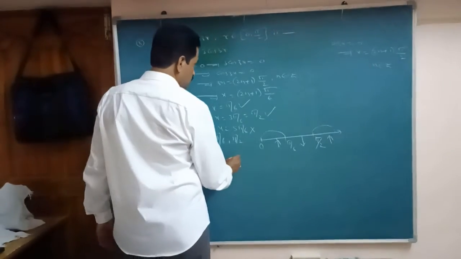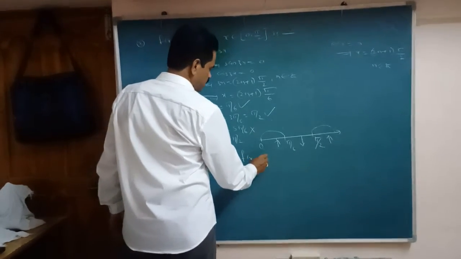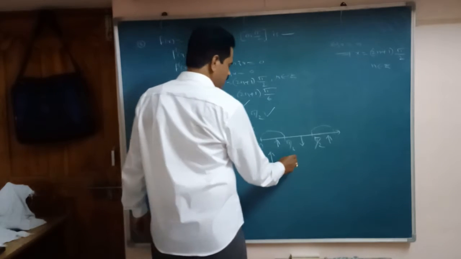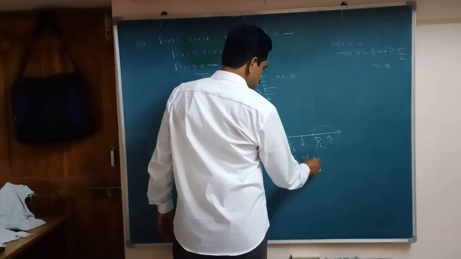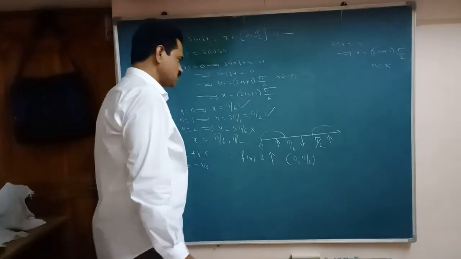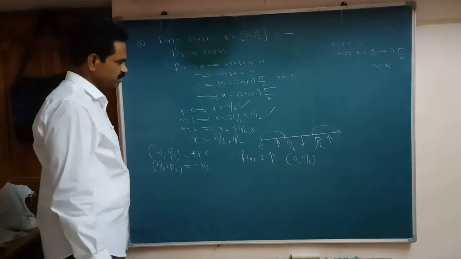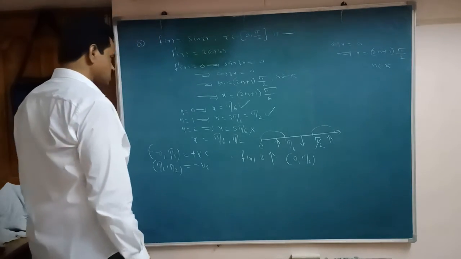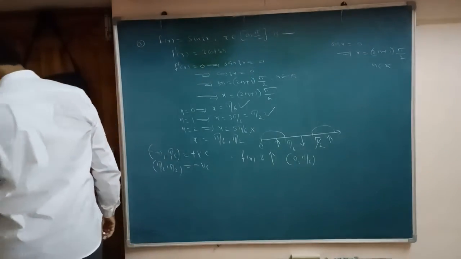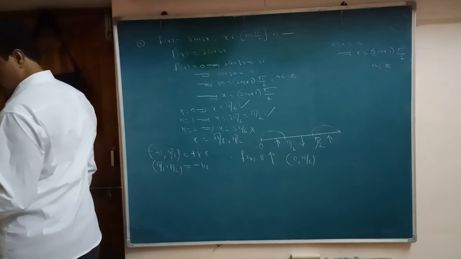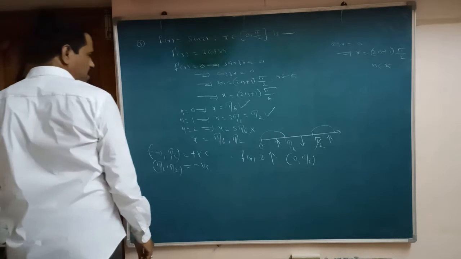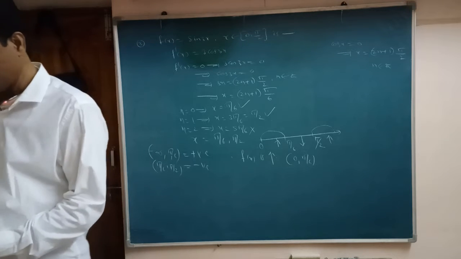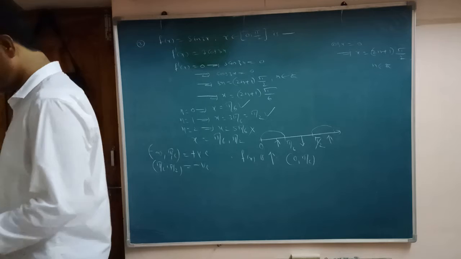Therefore f of x is strictly increasing in which interval? 0 comma pi by 6. Once you observe this, the given interval is 0 to pi by 6 only.